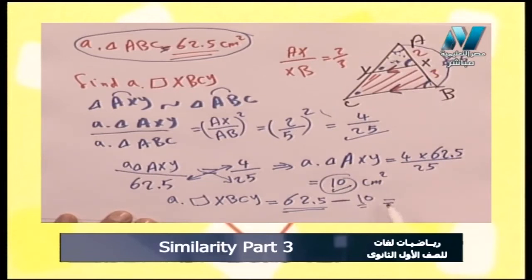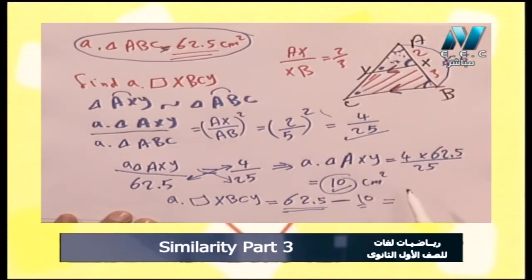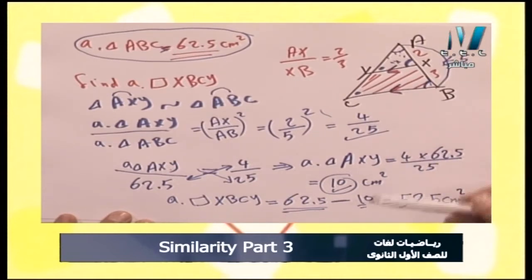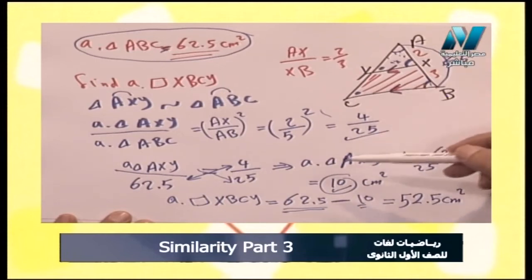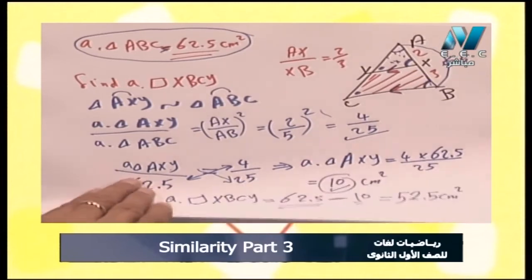So the area of the quad XBCY will be easy now to find as 52.5 square centimeter. So thanks to similarity, it's easy to find out the area of any of these two triangles or quad.